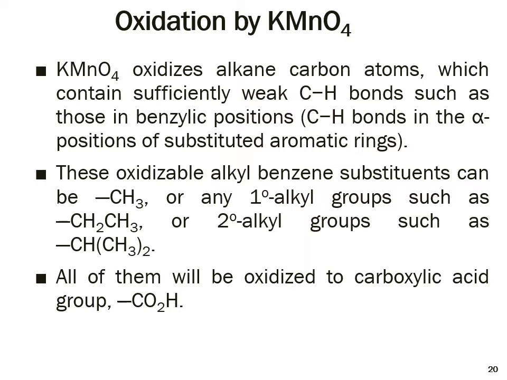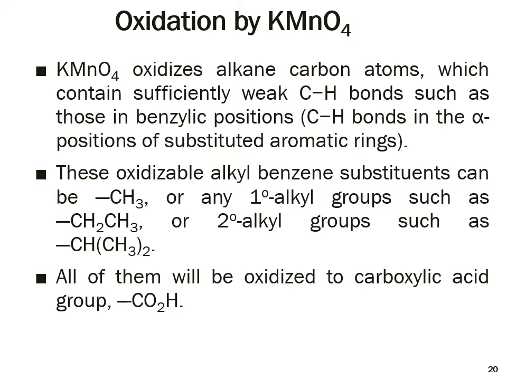If you take methane or ethane and you want to oxidize it with KMnO4, that won't be a good idea, because we need a CH bond which is weak due to something attached to it. In CH4 or ethane, there is no hydrogen whose bond with the carbon is weak and which can be taken up by the permanganate. So to use this oxidation, we need compounds in which the CH bond is weakened.